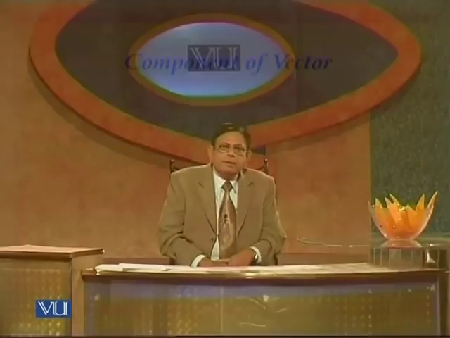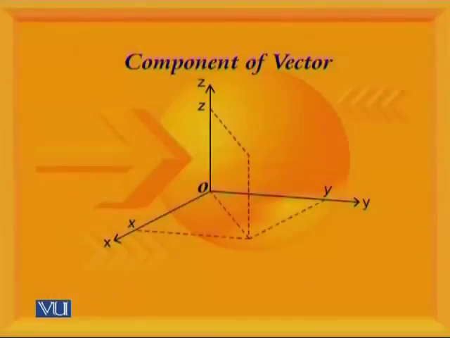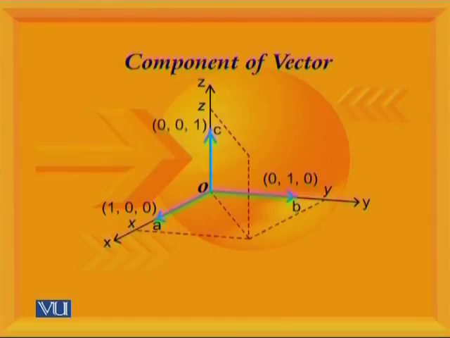If we have a point, say A, on the x-axis whose coordinates are 1, 0, 0, and a point B on the y-axis having coordinates 0, 1, 0, and a point C on the z-axis having coordinates 0, 0, 1, then the lengths of the vectors OA, OB and OC are one unit.